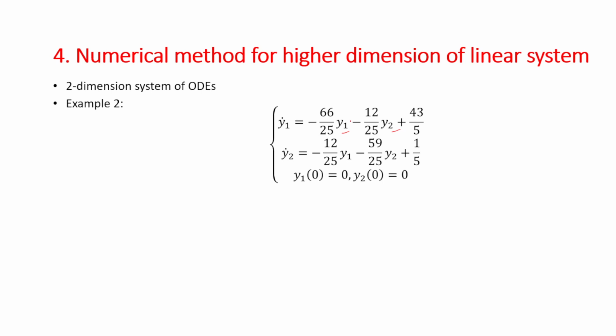Well, actually it's not very difficult for a nonlinear system. There is a method to solve this kind of system. But what I want to say is that the higher the dimension you have, the more complex, the more difficult it is to use analytical method to find the solution.